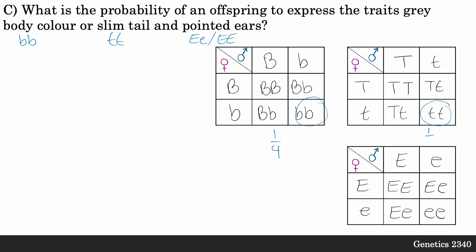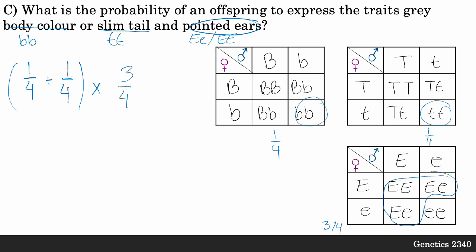T will have 1/4 as well, and then big E, big E or big E, small e will be 3/4. So we will add the body colors and the tail appearance. So that will be 1 over 4 plus 1 over 4. And then we'll multiply that whole thing by the pointed ears, which is 3 over 4. And that gives 3 over 8 as our final answer.